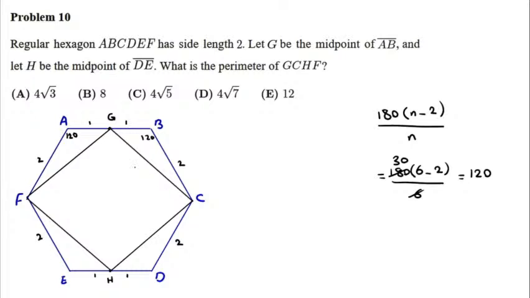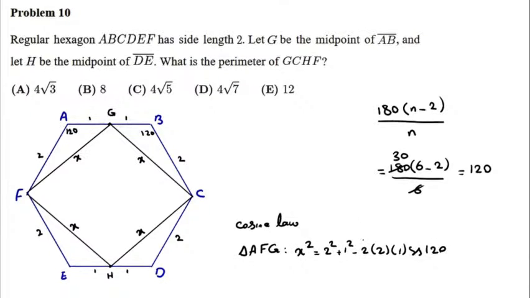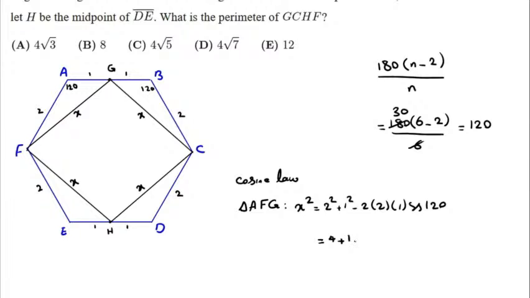Now, we need to only find one side. Let's consider all these things. We want to find x. By cosine law, in one of them, for example, in triangle AFG, x squared equals 2 squared plus 1 squared minus 2 times 2 times 1 times cos 120 degrees. Now, 2 squared is 4 plus 1 squared 1 minus 4 cos 120 degrees, which will be negative 1 half because it will be negative cos 60.